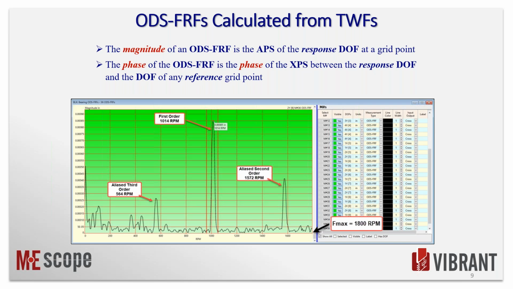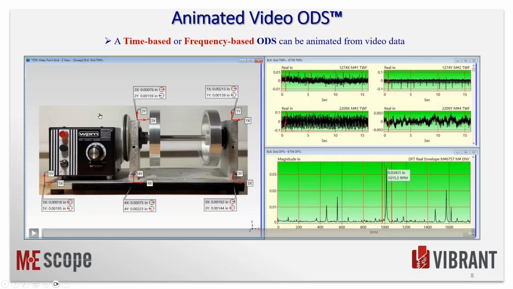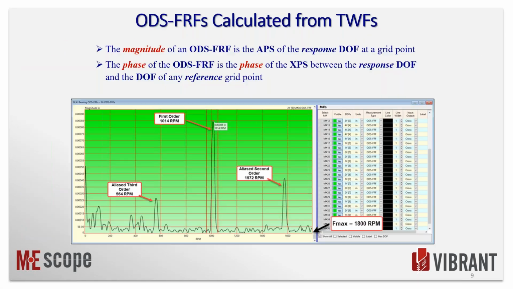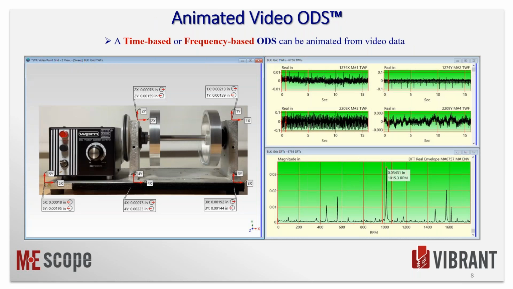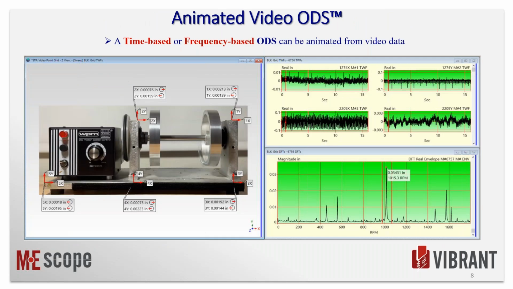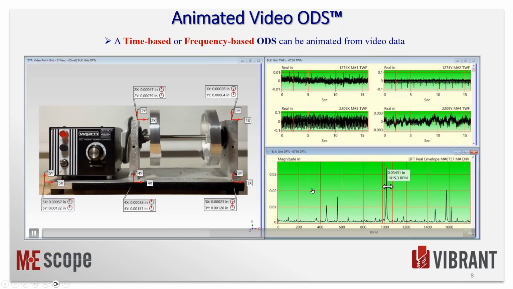Now, when we extract data from the video, a lot of the points don't move very much, so they're not of as much interest. So what we do in MEscope, let me just get the animation going here again, when we come out of what we call the wizard, processing the raw video, we order all the time waveforms and their corresponding DFTs by magnitude.